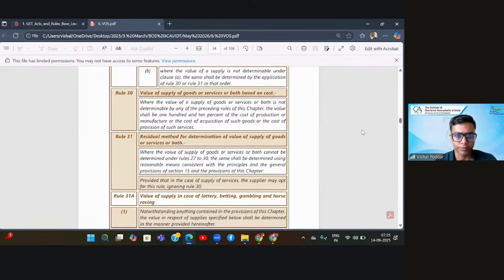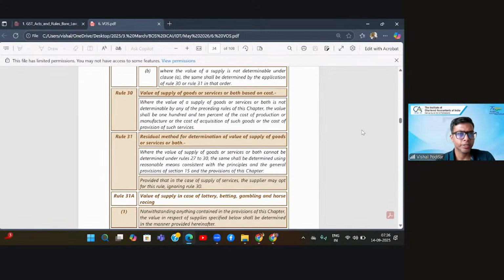Residual method for determination of value of supply of goods or services or both. Where the value of supply of goods or services or both cannot be determined under Rule 27 to Rule 30, the same shall be determined using reasonable means consistent with the principles and the general provisions of Section 15 and the provisions of this chapter, provided that in the case of supply of services, the supplier may opt for this rule, ignoring Rule 30.